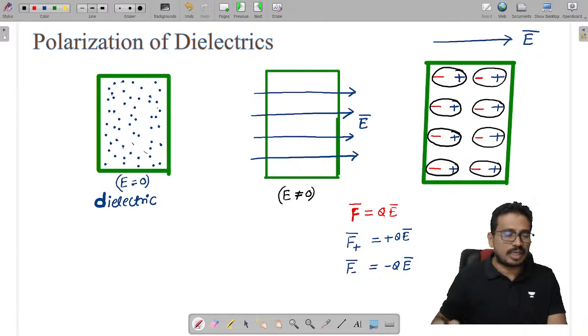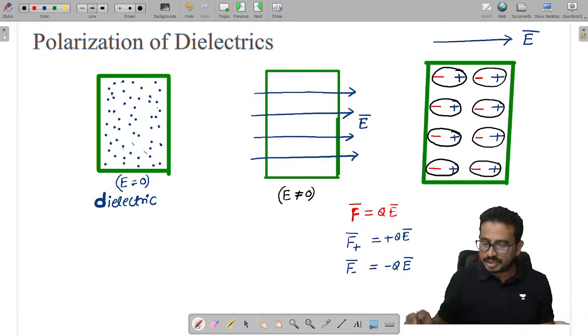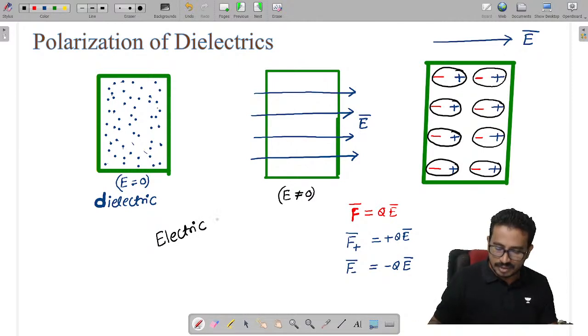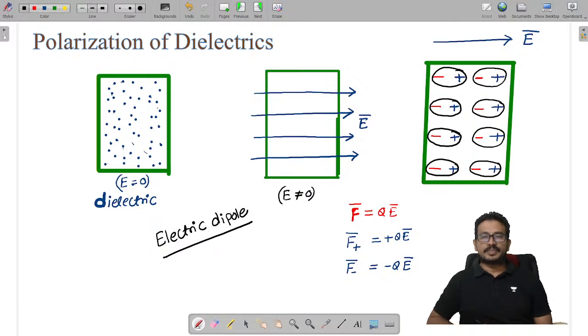This pair is called an electric dipole. All of you, these pairs are called electric dipoles.